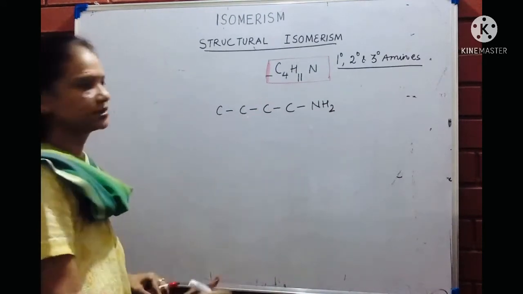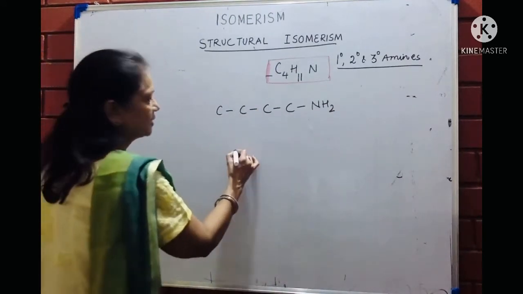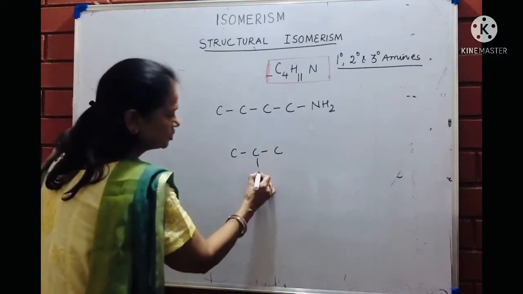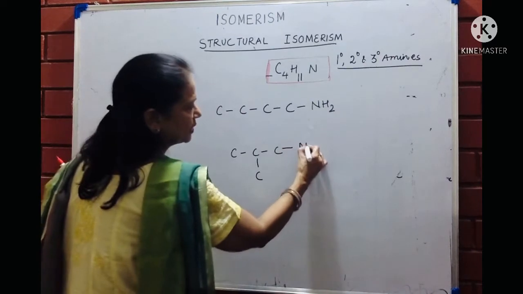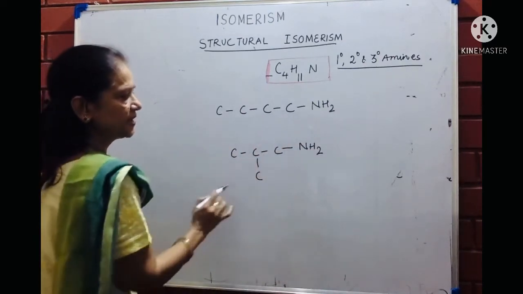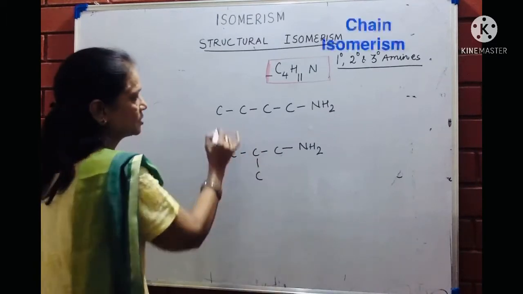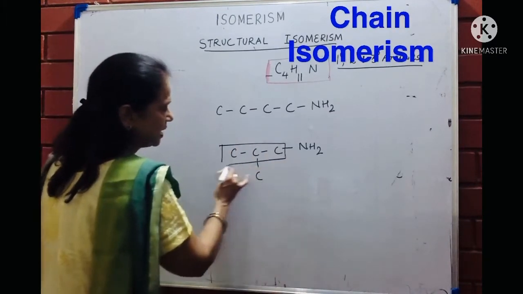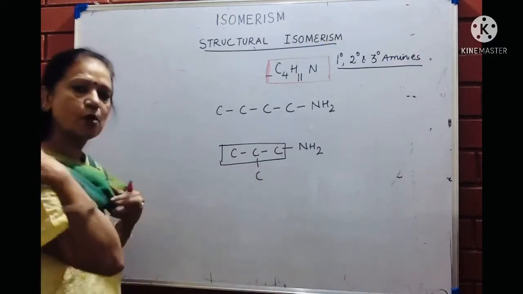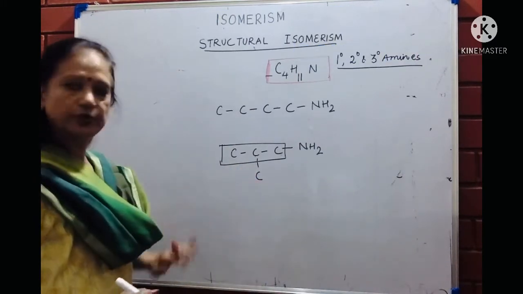You can put hydrogens later. I want to make a chain. So 1, 2, 3 carbon atoms. I'm making a chain here and then putting NH2 here, right? NH2 still is at place 1 here, because this is the main parent chain, and a carbon atom is forming a branch at this point, right?